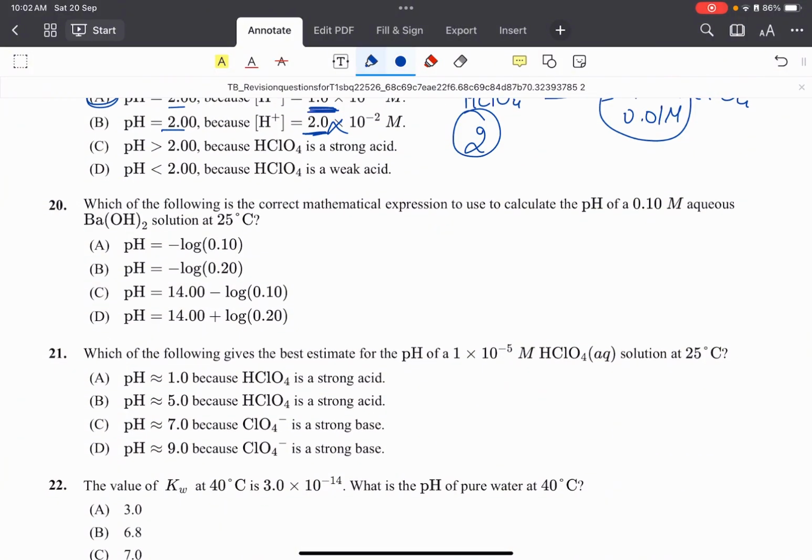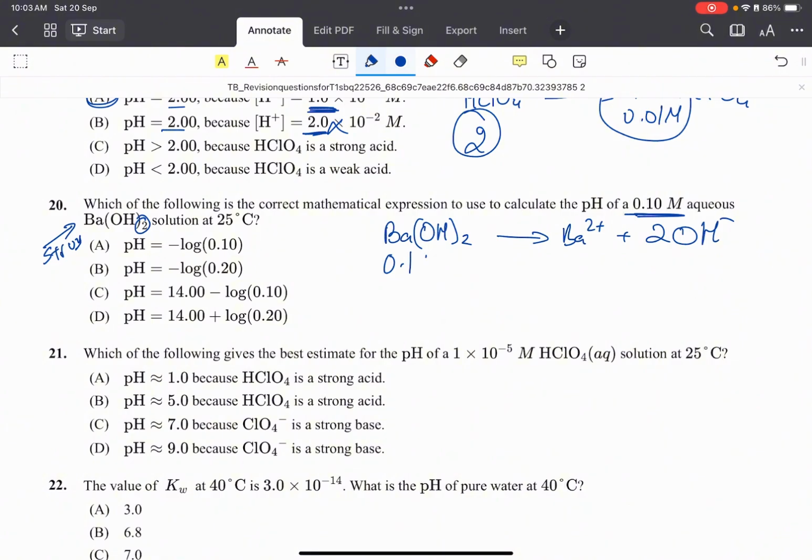Moving on, which of the following is the correct mathematical expression to use to calculate pH of a 0.1 molarity of a strong base? Be careful. This strong base, when it ionizes, is going to give me 2 OH minus.